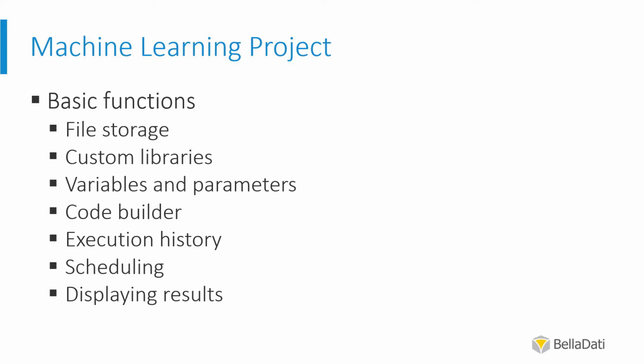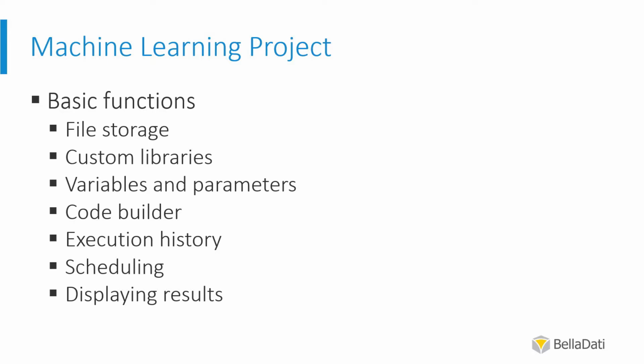Each project can contain variables and parameters. If the users do not want to write the code on their own, they can use the code builder to simplify the creation of the algorithm. In the Machine Learning Studio, you can also see the execution history, and you can schedule a new execution. It is also possible to see the result immediately and directly in the studio.